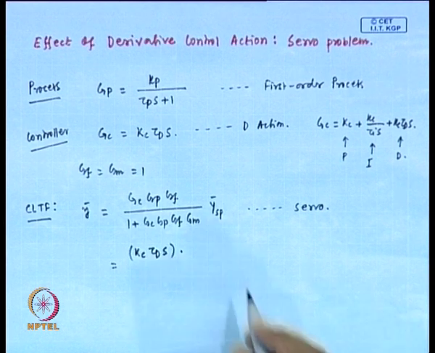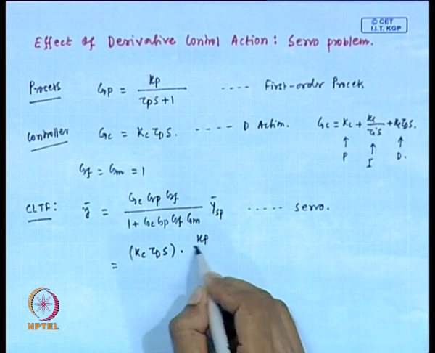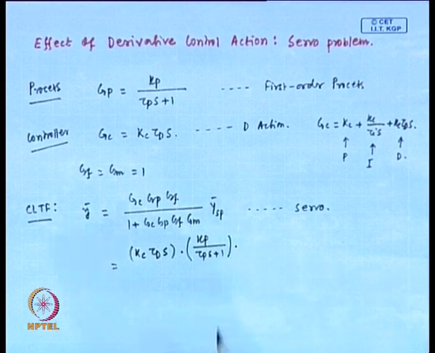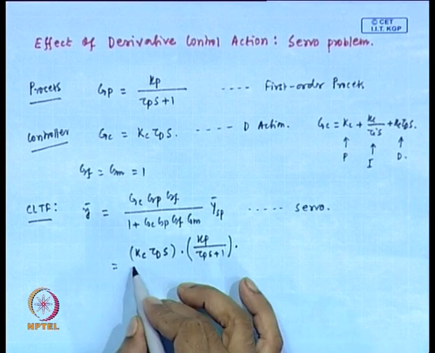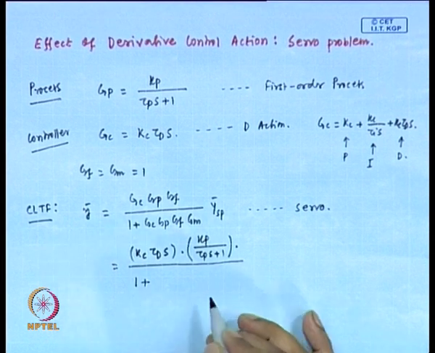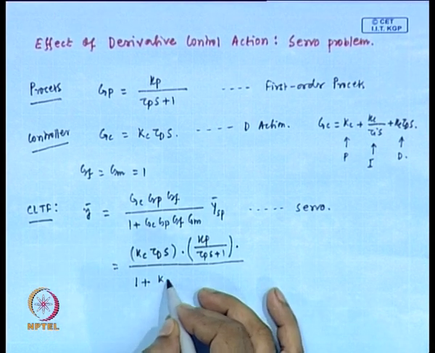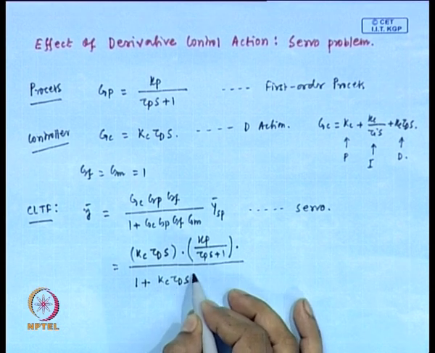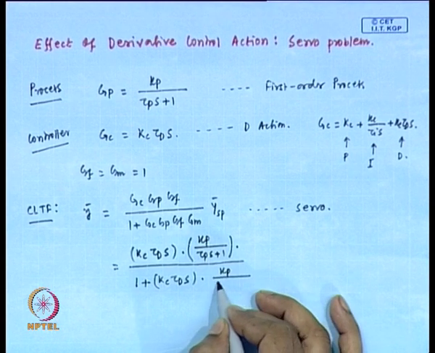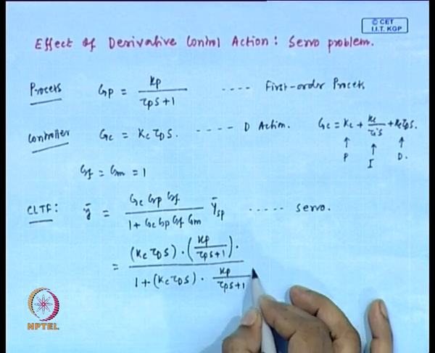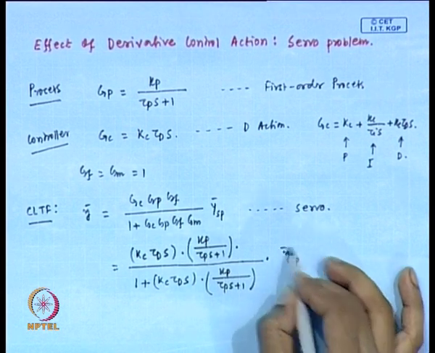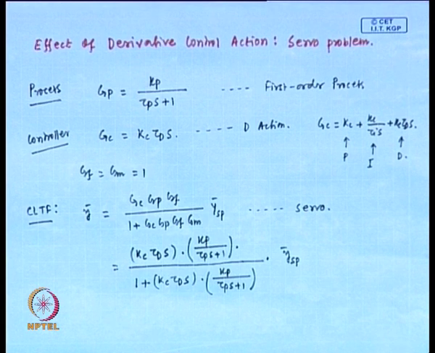Next transfer function is Gp, that means Kp divided by tau p s plus 1, and Gf is 1, whole divided by 1 plus Kc tau d s multiplied by Kp divided by tau p s plus 1, multiplied by y set point bar.